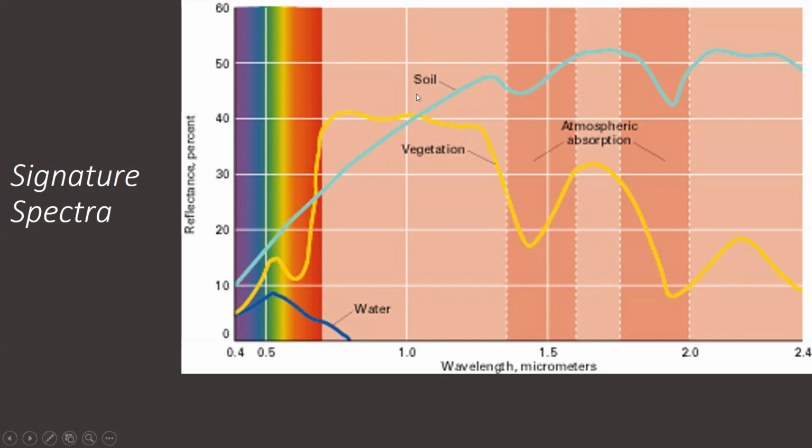So at this band, if you take the difference between these two regions, then we will be able to understand whether this area is soil dominated or water dominated. Ultimately, no area is only soil, only vegetation, or only water, unless you are in a sea or ocean, where it's purely water. Otherwise, we will have all these different things combined.